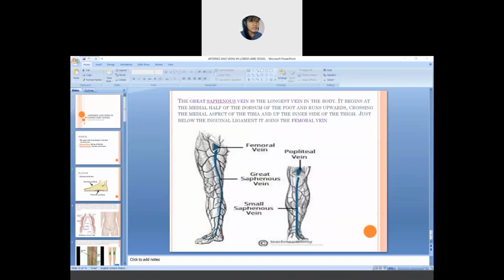You can write in the chat box also, no problem. So what is the name of the ligament? I have mentioned.